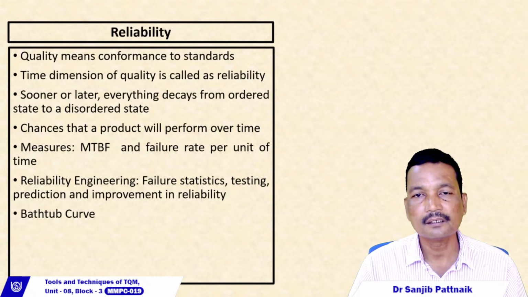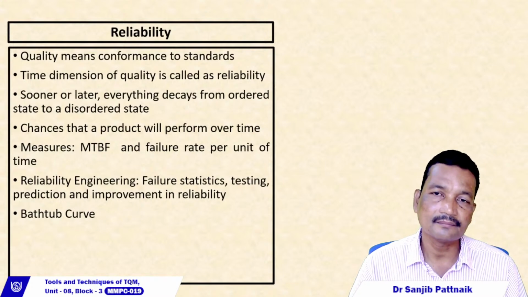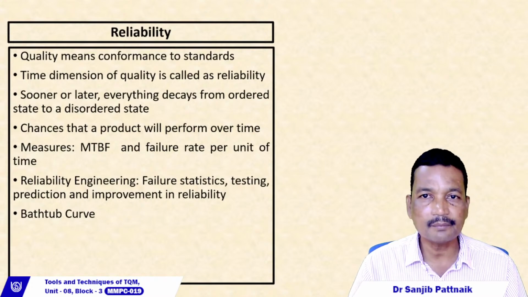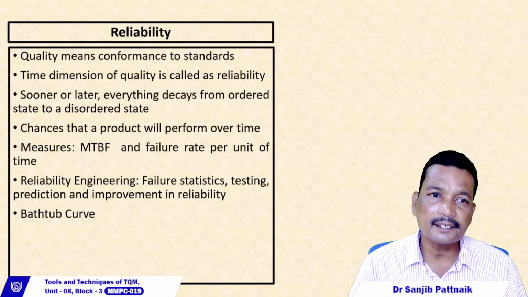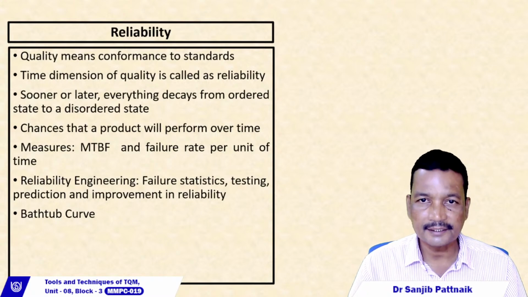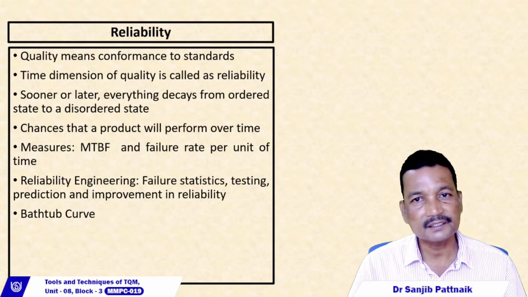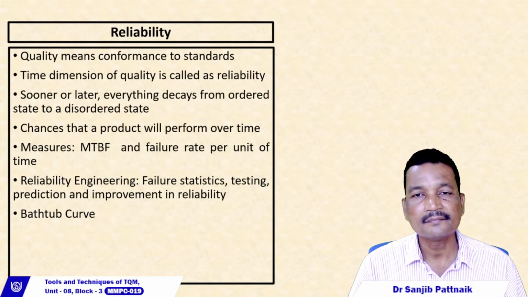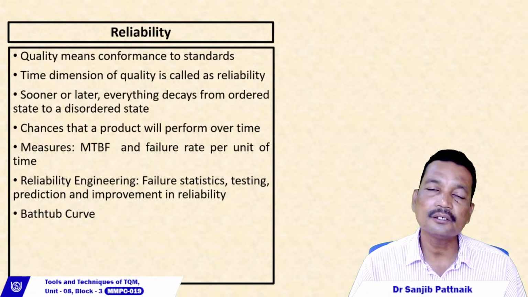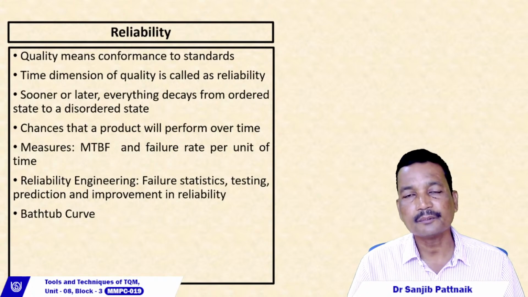Is he reliable? How is his reliability? Is that item reliable? What do we mean by reliable? That the thing or the product will function for a specified period of time according to the given assurance by the producer.